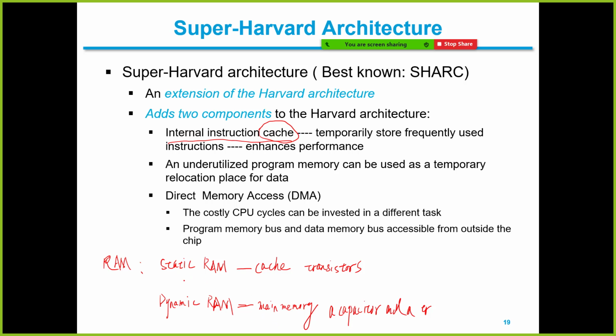Like for the static RAM, each cell is composed of 4 to 6 transistors, and for the dynamic RAM, each cell is composed of one capacitor and one transistor.